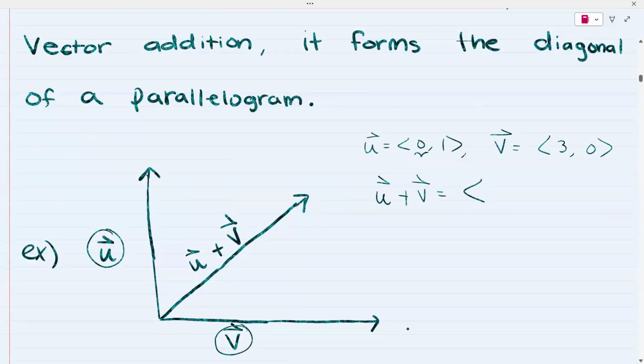Your x's are 0 plus 3, and your y's are 1 plus 0. Put it all together: 0 plus 3 is 3, and 1 plus 0 is 1. You get the vector 3, 1. So they have to be the same size when you're adding or subtracting vectors.